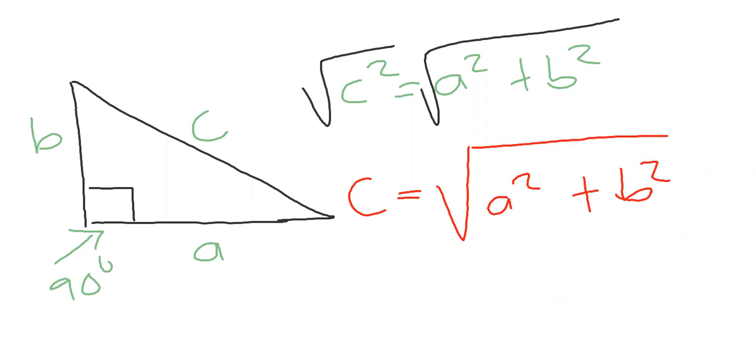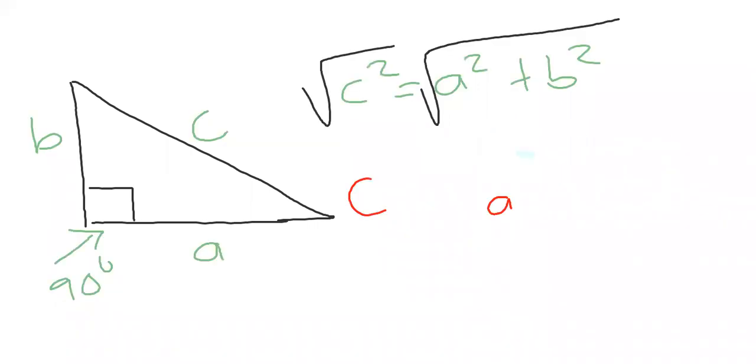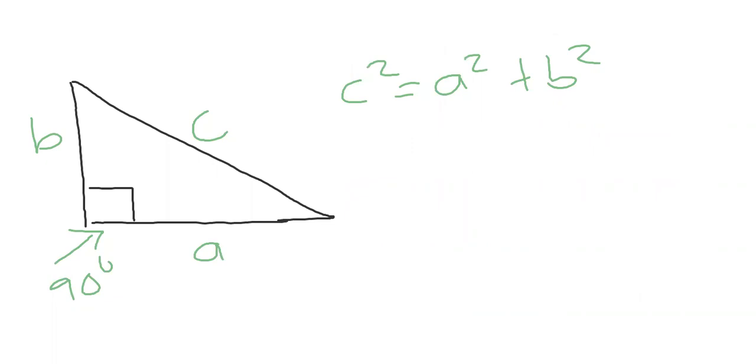Now, it's not like all the time you are going to look for C. Sometimes you can look for the length of A, sometimes the length of B. For that, we still use the same formula, however you're going to do what you call making the subject of the formula.